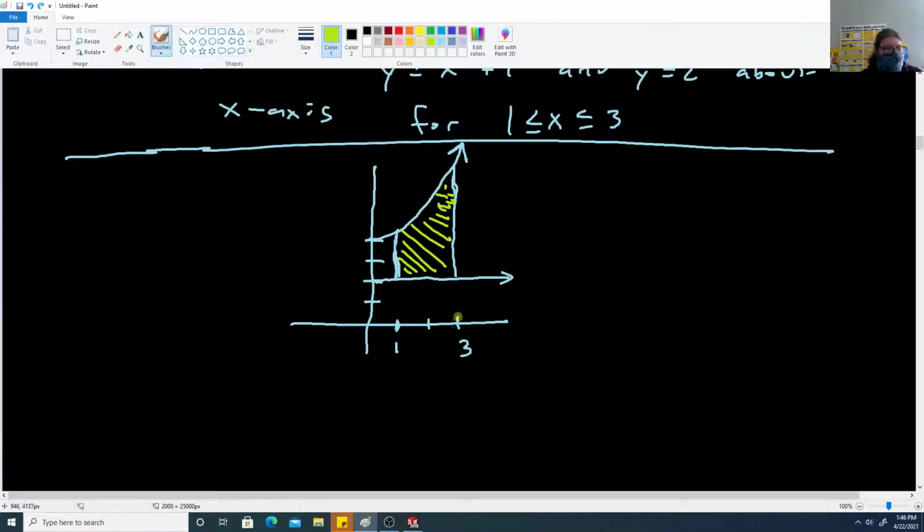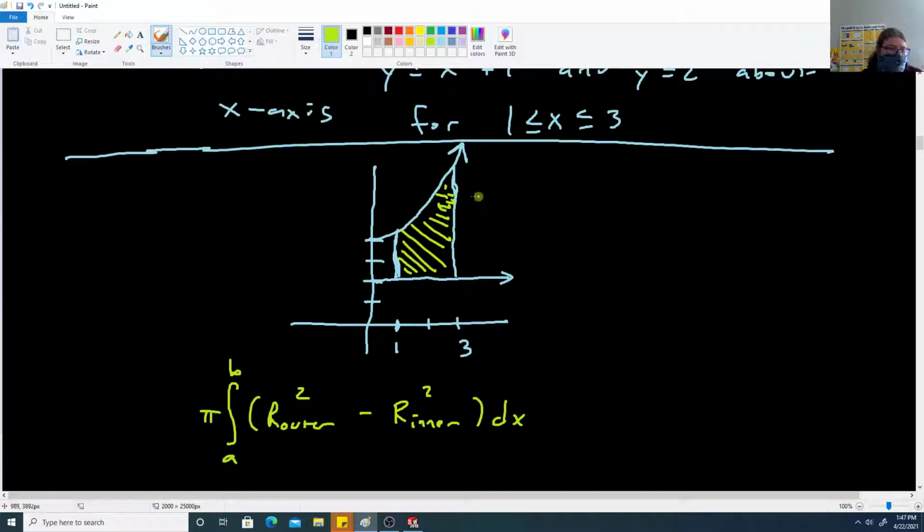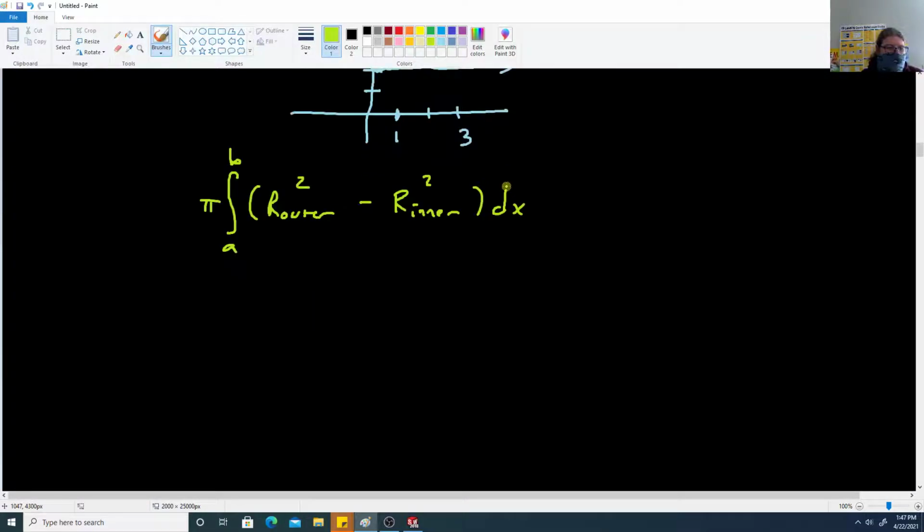What the equation says we're going to do is the integral from a up to b, with the pi out front, of the outer radius squared minus the inner radius squared dx. For this particular problem, the y value of the outer radius is given to you by the equation x squared plus 4.